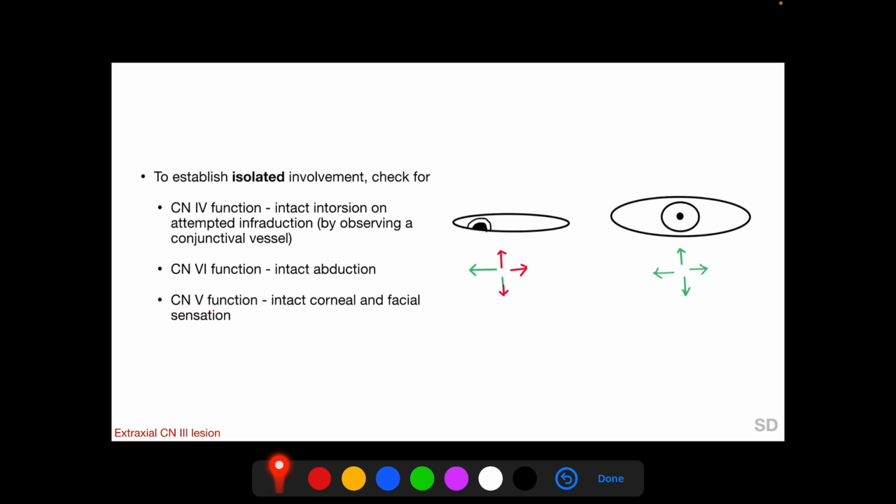However, checking for the 4th cranial nerve function in a patient presenting with a third cranial nerve palsy-like picture, we have to establish intact intorsion when the patient is attempting infraduction by observing a conjunctival vessel. When the patient attempts to infraduct, the superior oblique is the only muscle to act because the inferior rectus is palsied, and the primary action of the superior oblique being intorsion, the eye also intorts.